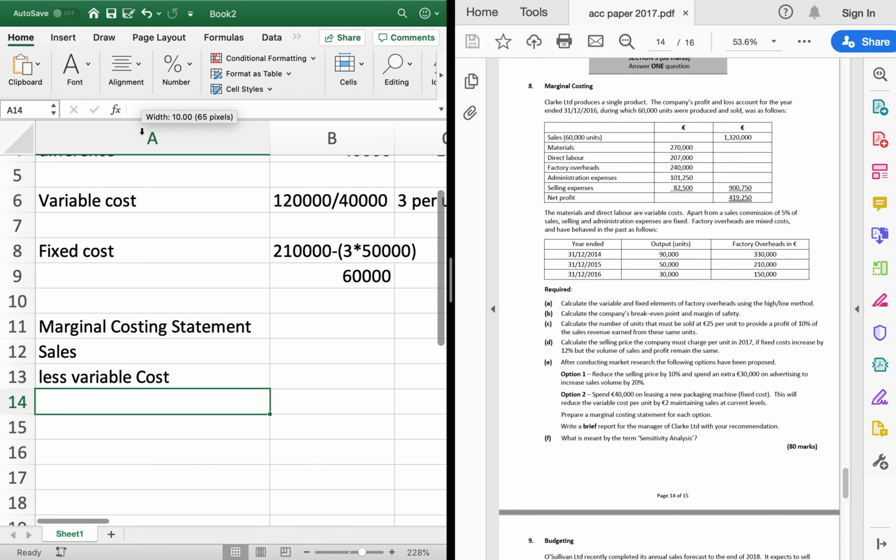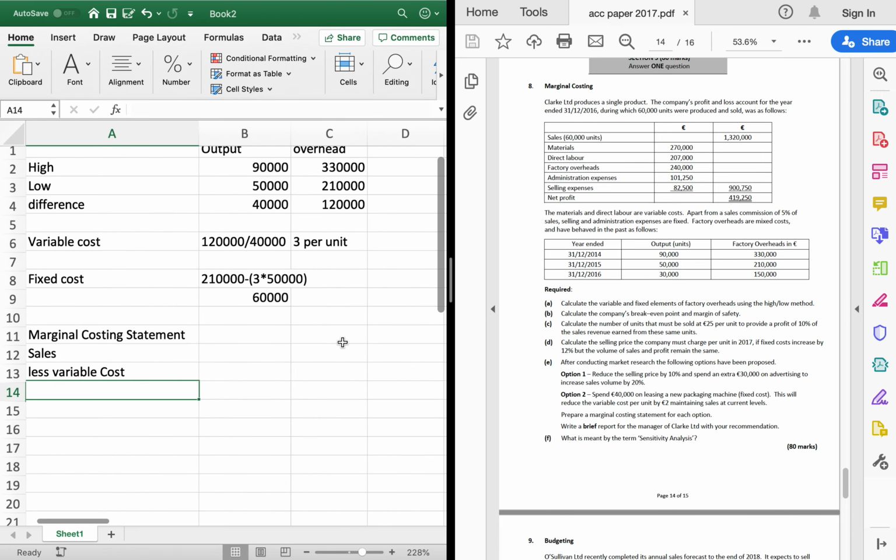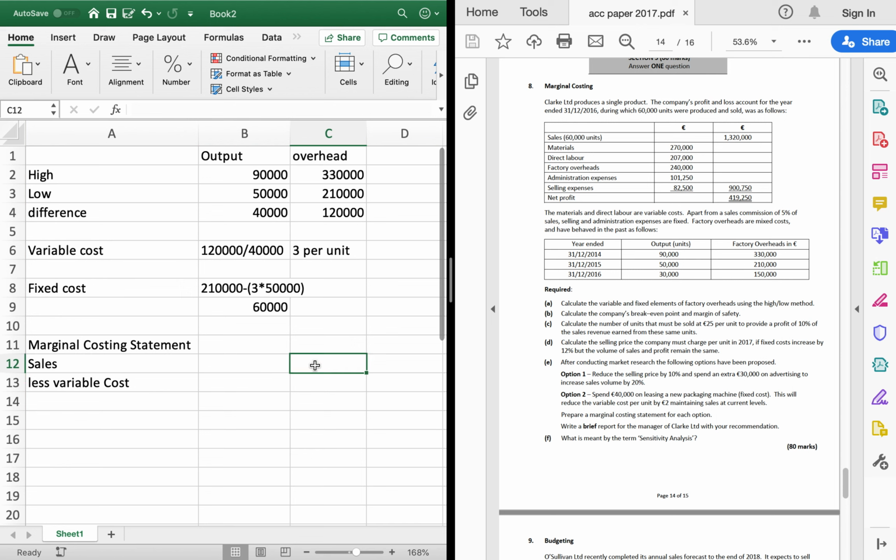All right, so the sales, and we have to do these per unit as well, if you remember. So sales is 1320, and per unit, you take the 1320, you divide it by 60,000. Okay, €22. Variable costs. Well, we can assume, it tells you the materials and direct labor are variable.